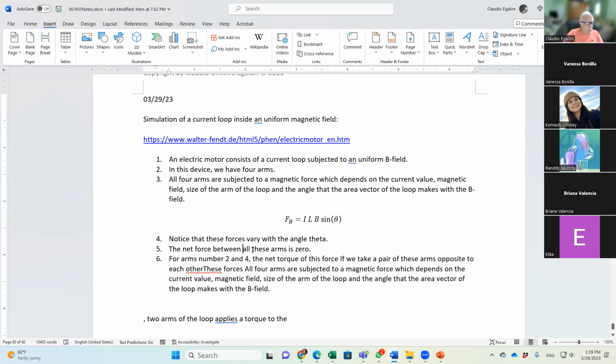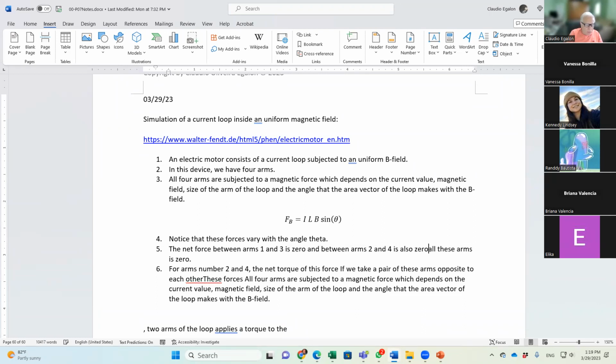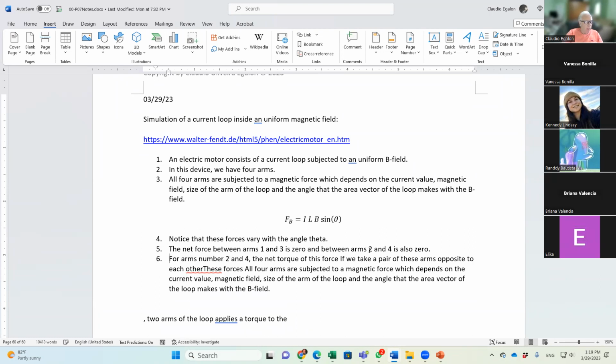Okay, the net force, let's be specific, between arms 1 and 3 is 0, and between arms 2 and 4 is also 0.